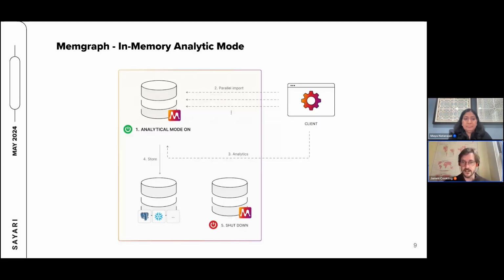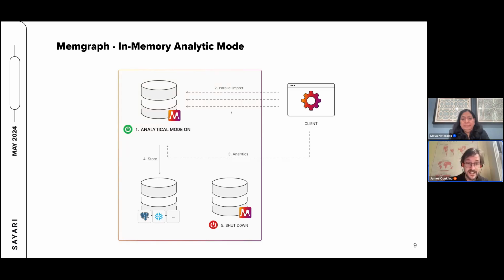I'll touch on this in more detail. This is absolutely a very powerful mode that Memgraph advertises, but it is not the only mode for running the database in analytic mode. In this bottom left right here, this doesn't have to be another database.